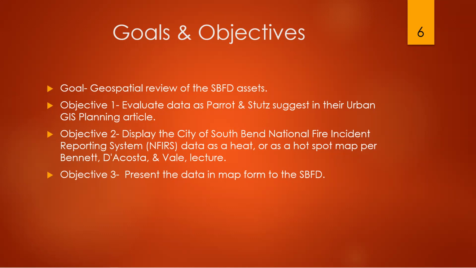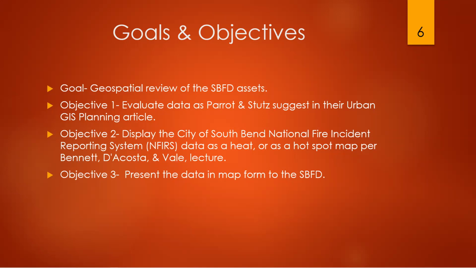And they said, no, we just put them where the city says to put them. So I'm like, okay, the Perot and Stutz study has 6 different criteria that they used in the city of San Diego to build a fire station. So I'm going to try to do the data planning the way that they did, just because it made sense and it gives you kind of a criteria to go off of.